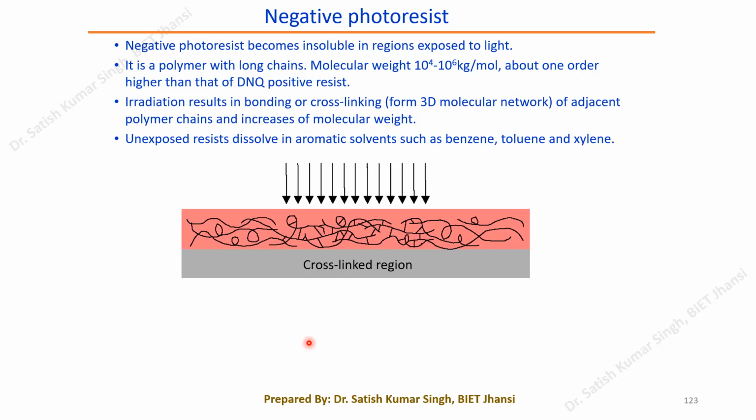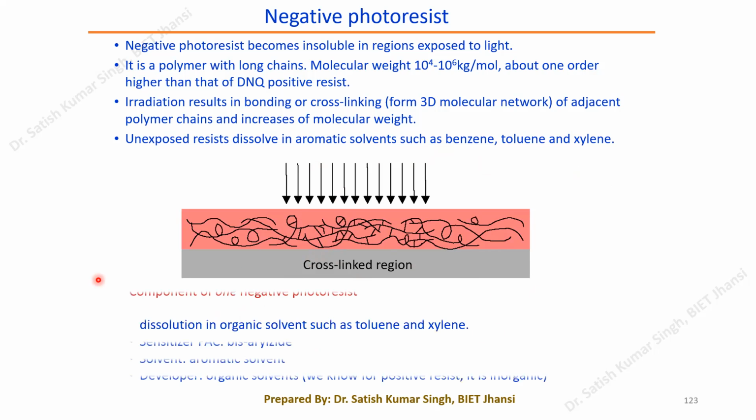In this case we are using aromatic solvents such as benzene, toluene and xylene. The unexposed resist dissolves into the solvent, and the exposed resist forms a cross-linked region, becomes hard, and will not be removed by the developer solution. This way we can go for the negative photoresist.